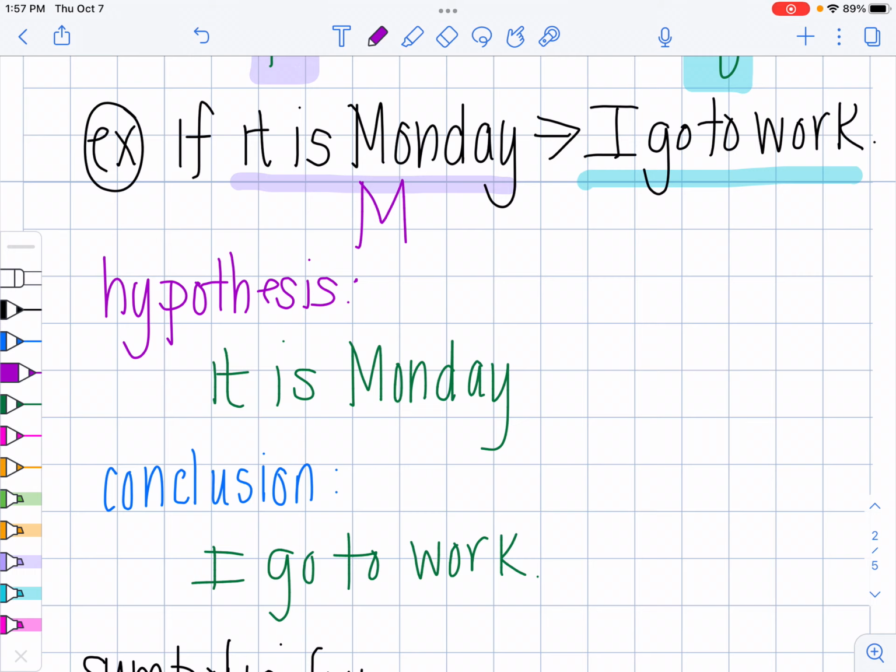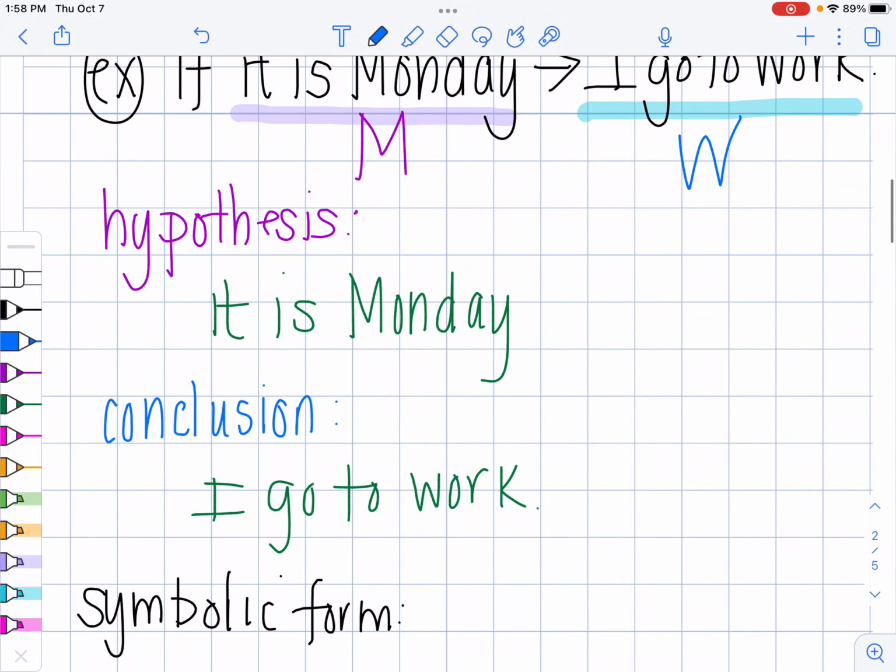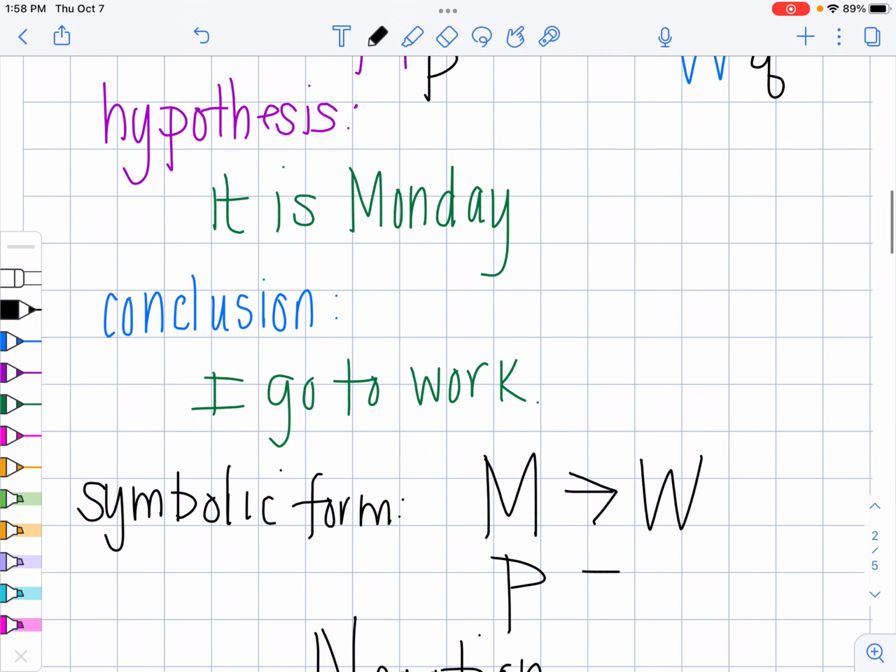And in the conclusion that says, I go to work, I would pick W for work. So if I wanted to write the symbolic form, I would literally write M, then W. If you chose P and Q, you could write P, then Q. But I like to choose letters that match what my statements say, so that it helps me remember what I'm reading.